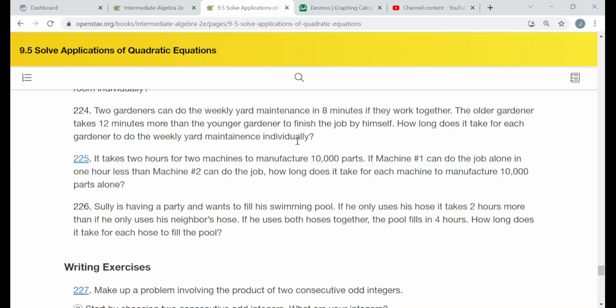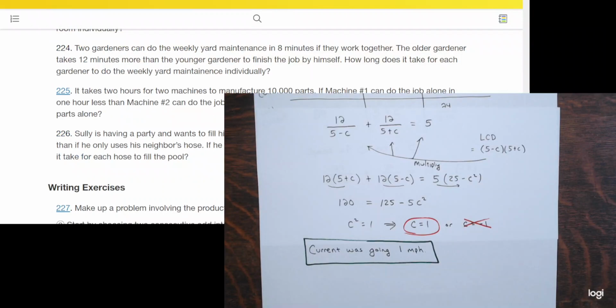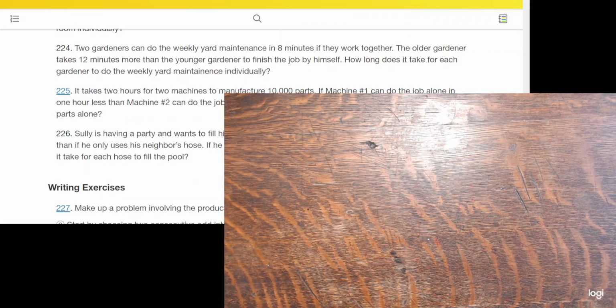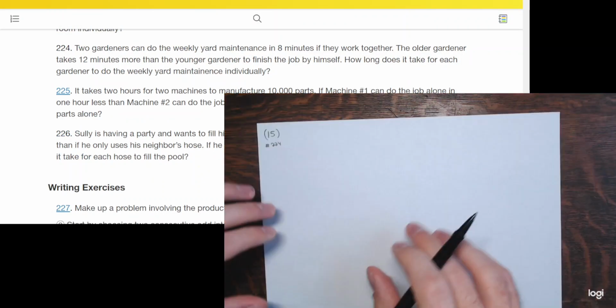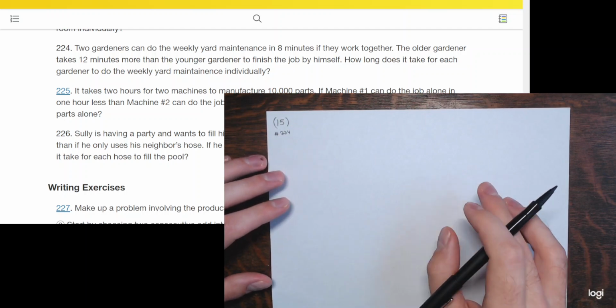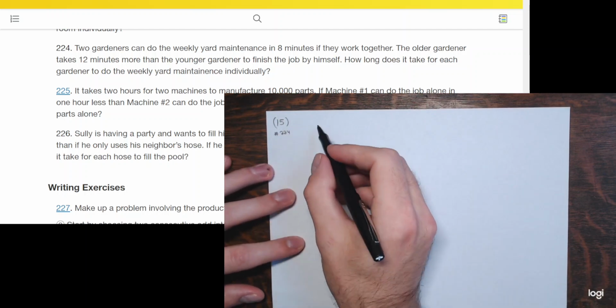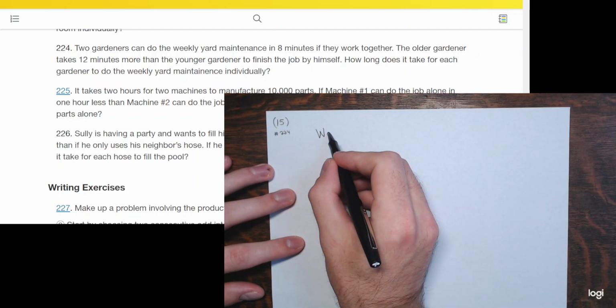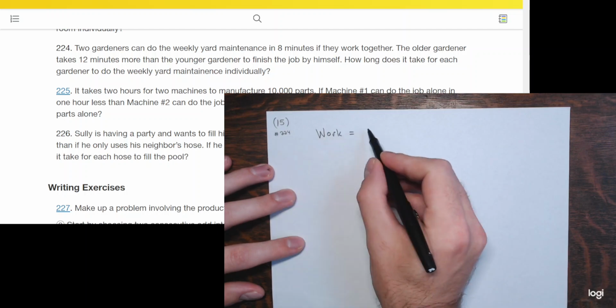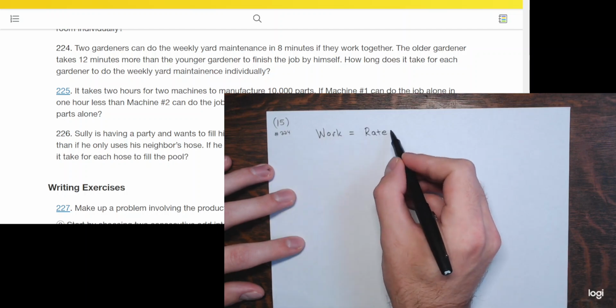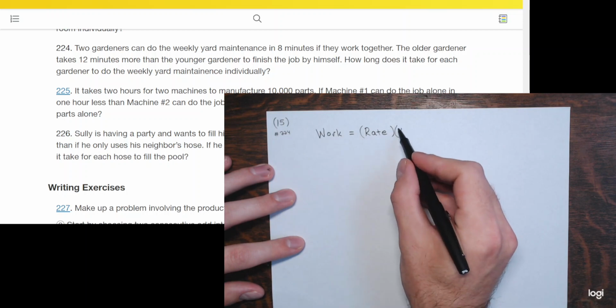So again, we got a work equals rate times time problem. Remember, work done equals the rate at which you work multiplied by the time that you work for.